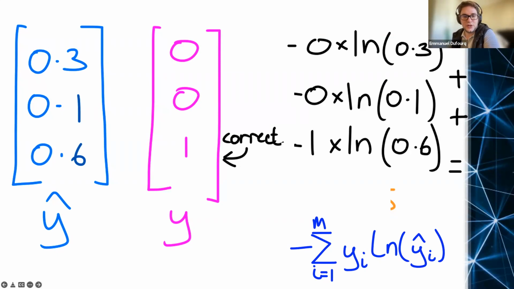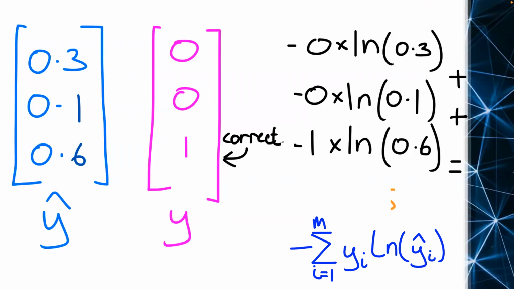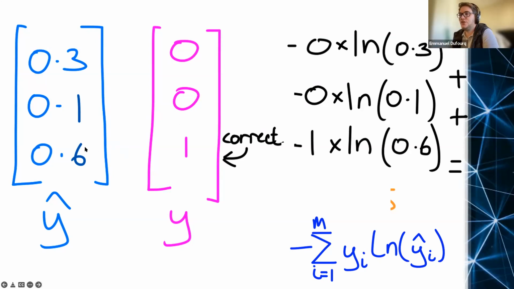Are there any questions? Hi, I have a question. Can you hear me? Yes. I just want to know, why is it that on the Y hat you swapped around the 0.6 and the 0.1, but then on the Y correct you didn't swap around the 0 and the 1? Because I just wanted to illustrate the difference.